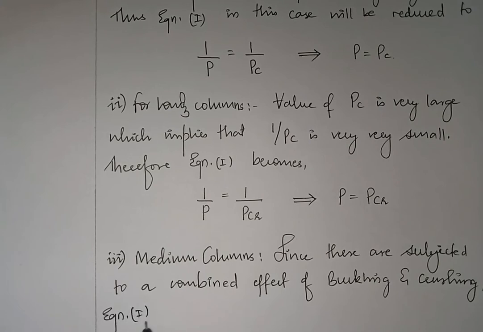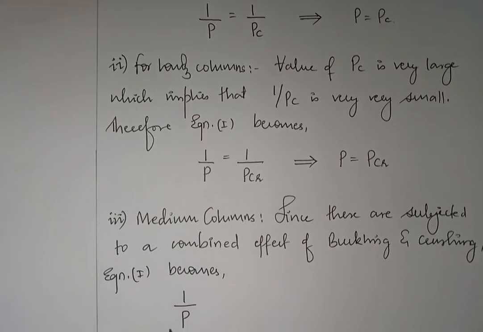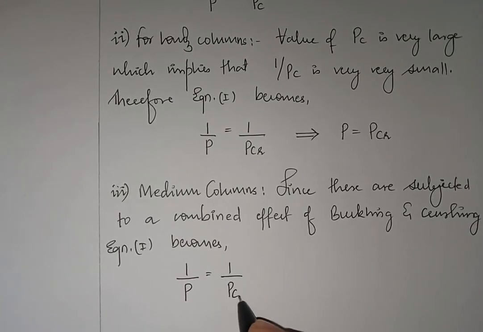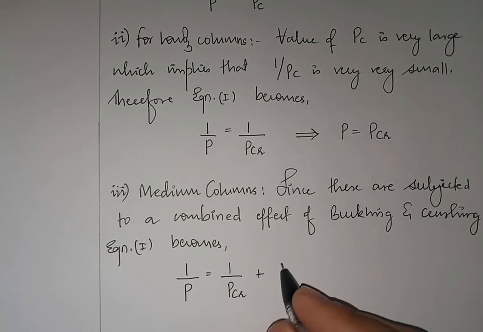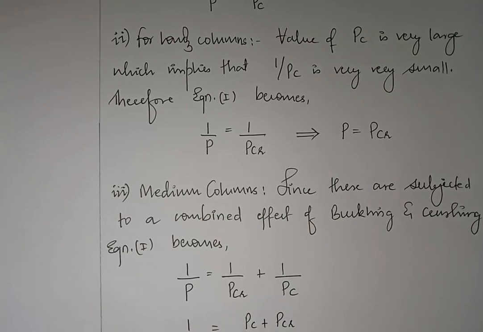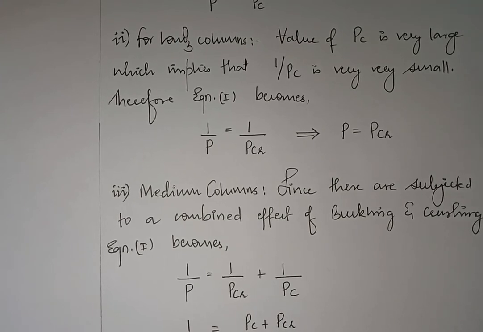Equation 1 becomes, okay, so what is our equation 1? Our equation 1 is 1 by P is equal to 1 divided by PCR plus 1 divided by PC. So you just take the LCM: 1 divided by P is equal to PC plus PCR divided by PC into PCR.